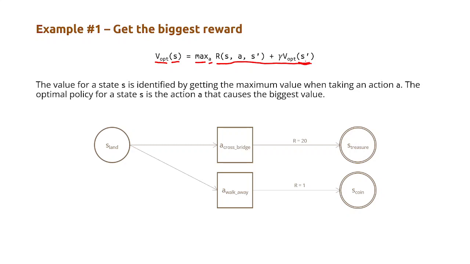Okay, this one. So we want to identify which of these actions, either cross bridge or walk away, results in the maximized value.